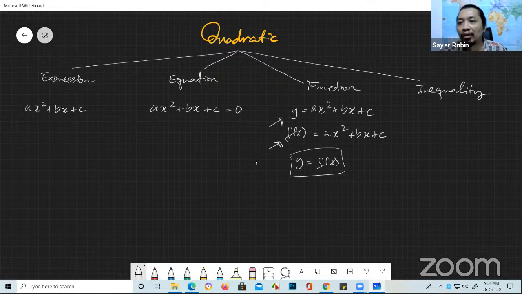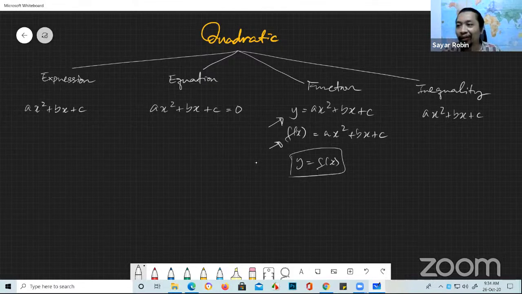Okay, so let's move on to inequality. ax squared plus bx plus c. What is inequality? How do you understand inequality? Inequality is simply not equality.